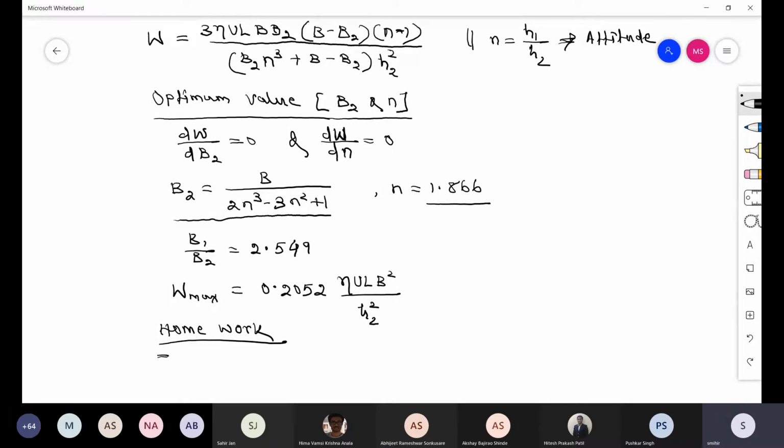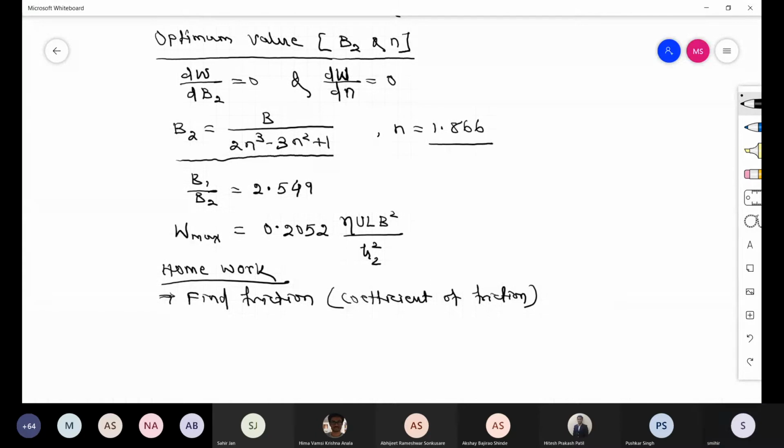Find friction and coefficient of friction. And then find center of pressure for this case.